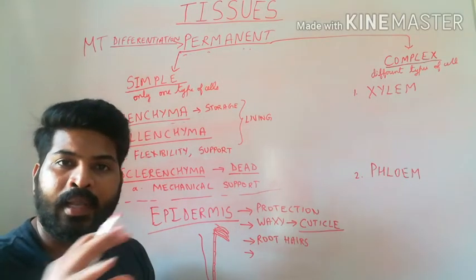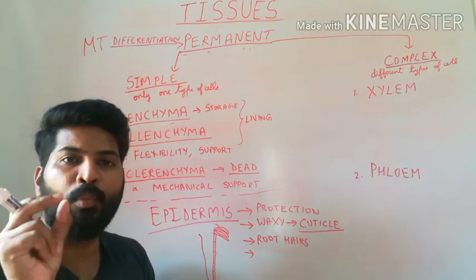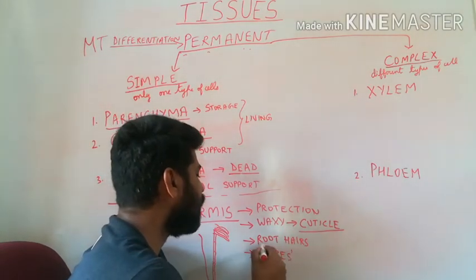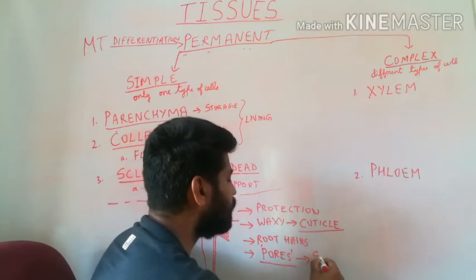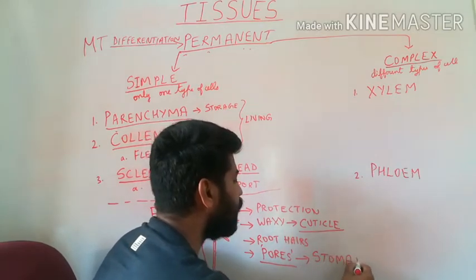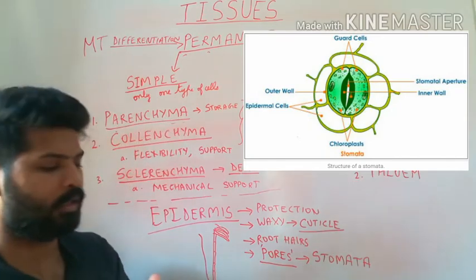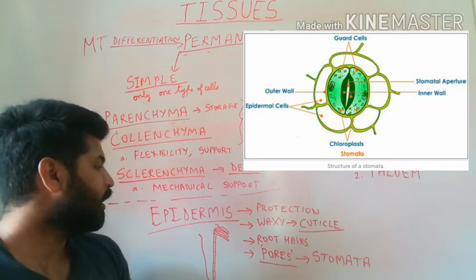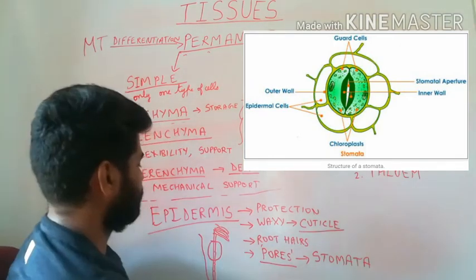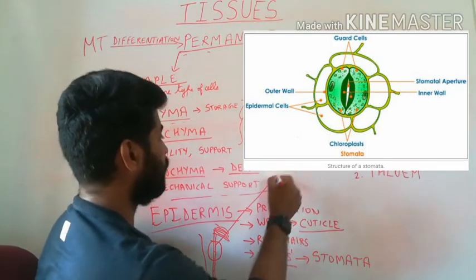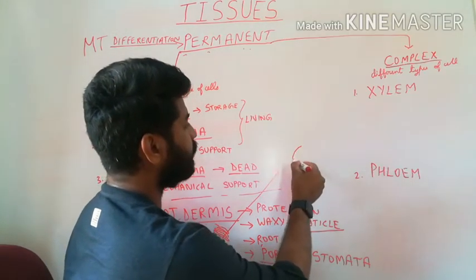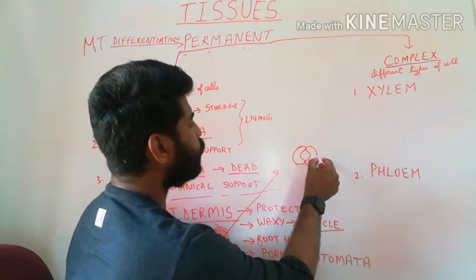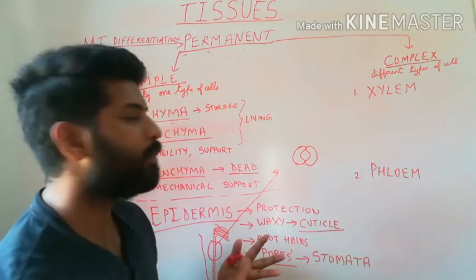In the epidermis, we find certain pores. In the epidermal layer, certain pores are found. These are nothing but the stomata, about which you have studied in class 7. So if you take a section of the epidermis, we find that the pore is surrounded by two kidney-shaped or bean-shaped structures.